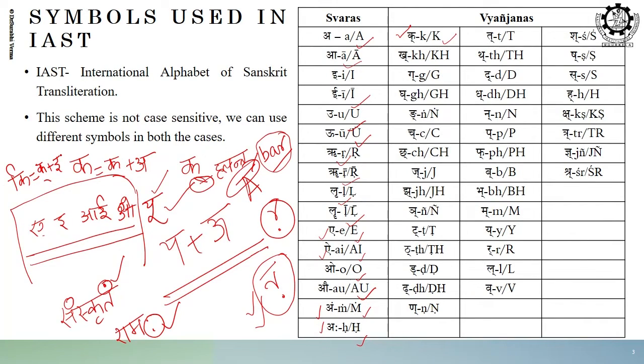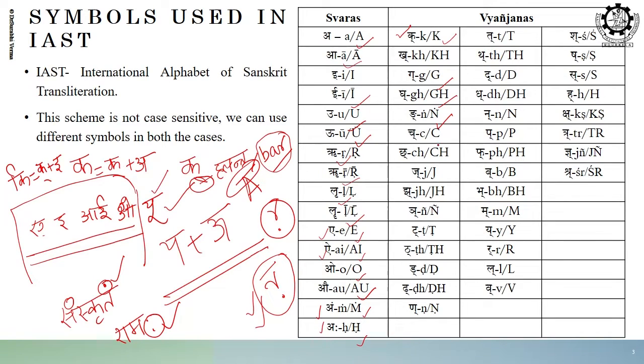This is how we need to understand that when we transliterate words, we first split the word into its specified sounds, segregate the sounds available in the word, and then use the symbol from the list. So, for k it is k, kh it is kh, g is g, gh is gh, ng is n with an upper dot, a dot available at the top.